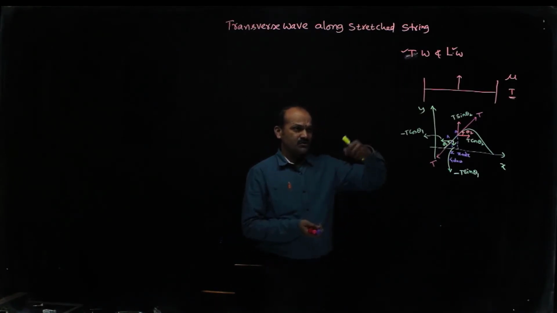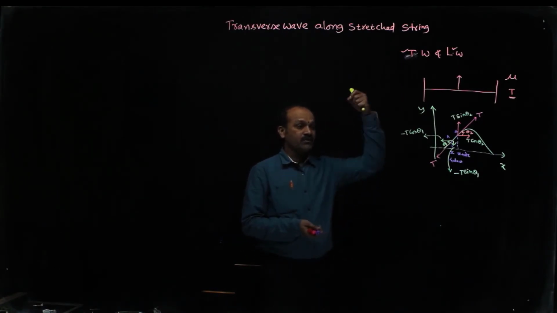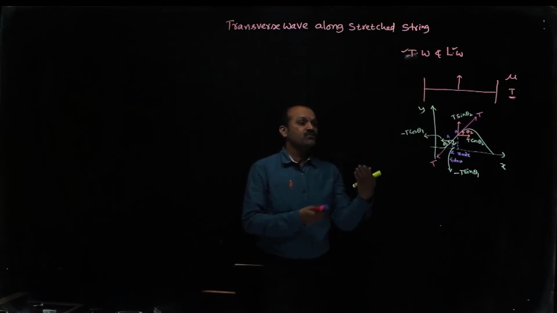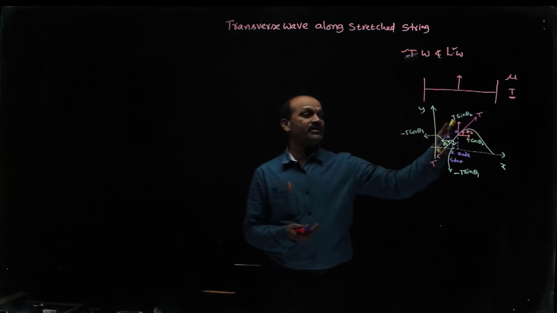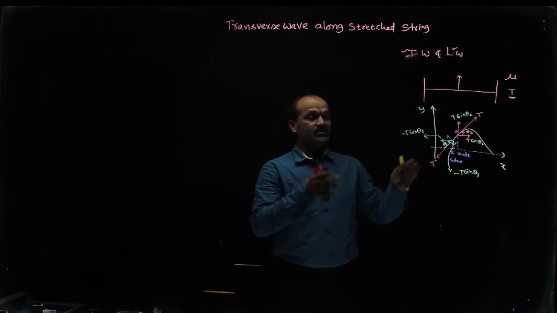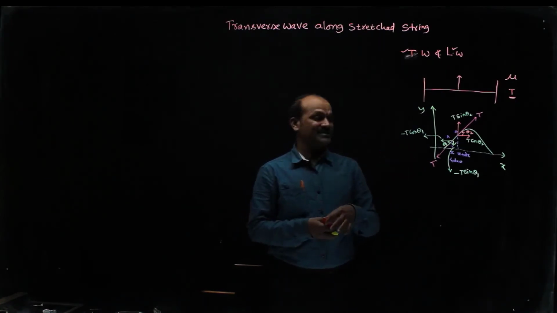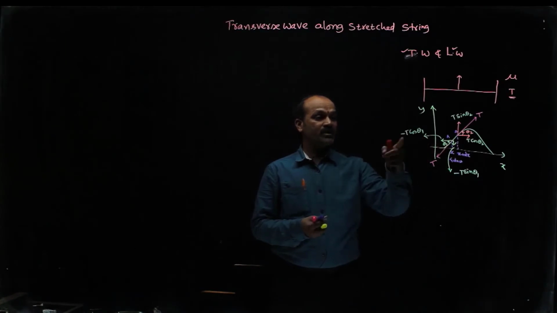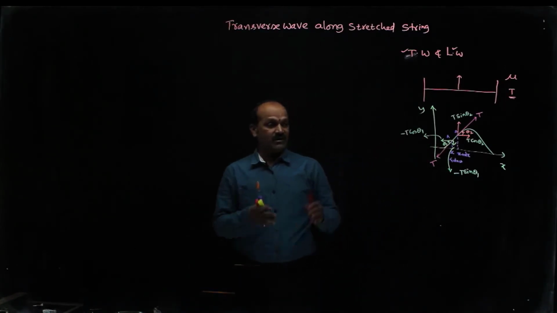See, when you are plucking the string in the upward direction, that means we are applying force in an upward direction. So, the net force component will be in the upward direction, whereas the horizontal components, T cos theta 2 and minus T cos theta 1, balance each other, so we can neglect them.